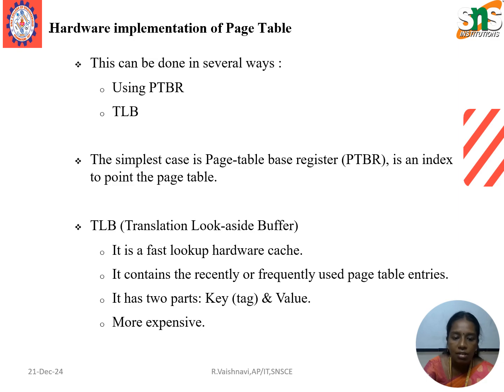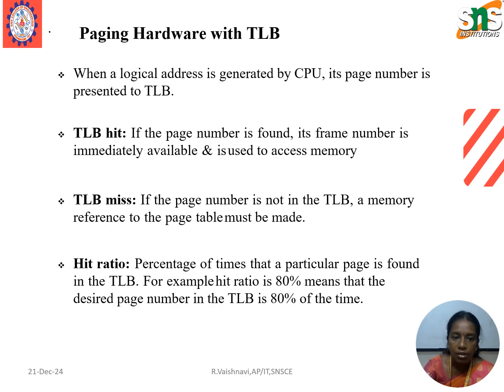Next one is the translation look-aside buffer. It is a fast lookup hardware cache. It contains recently or frequently used page table entries, and it has two parts, the key and the value, and it is more expensive.